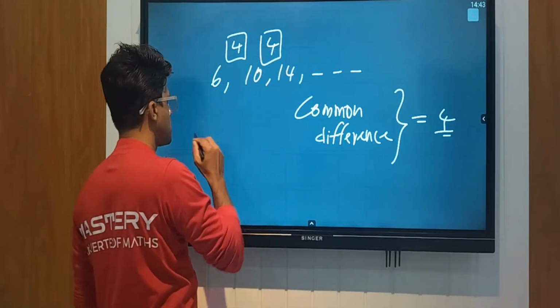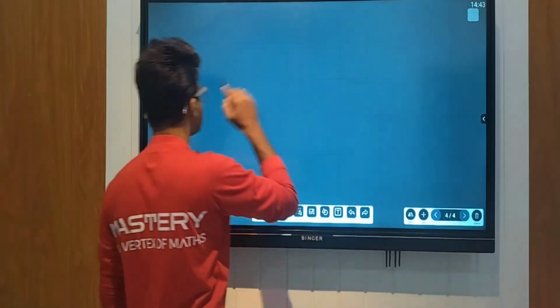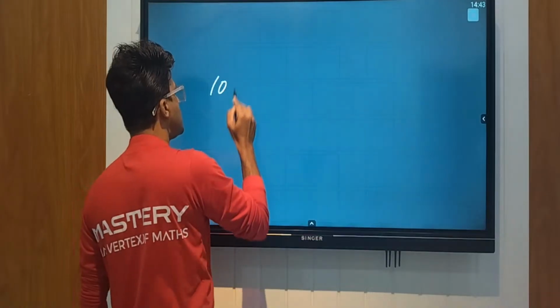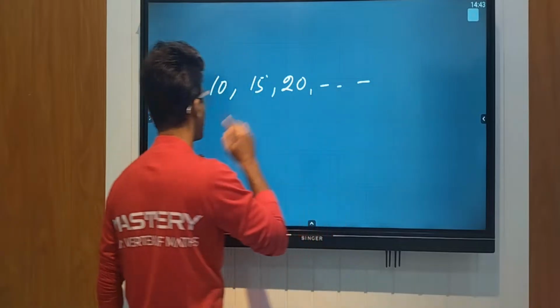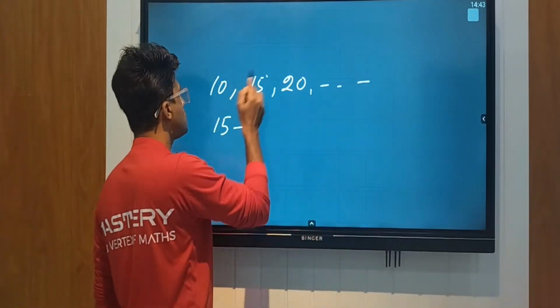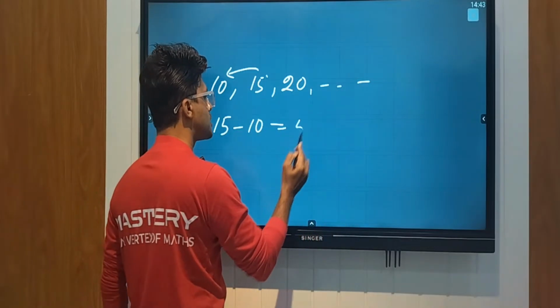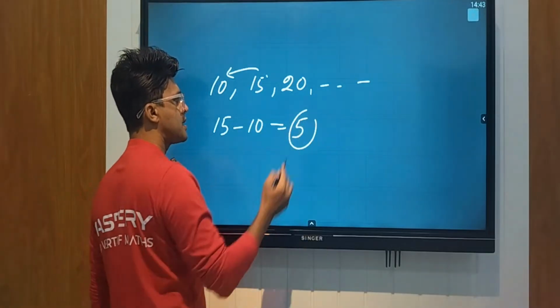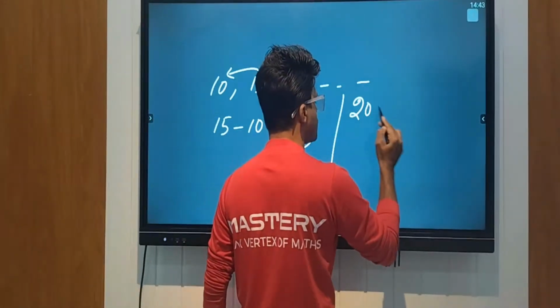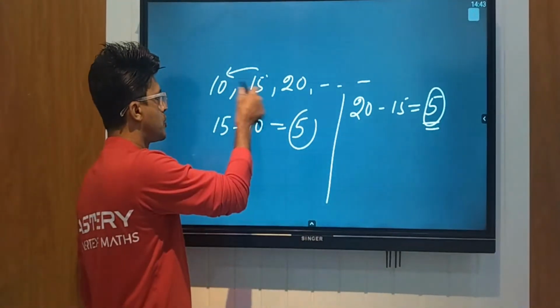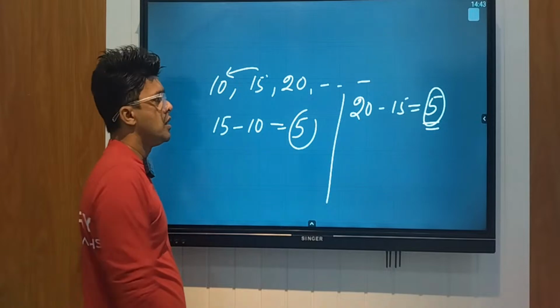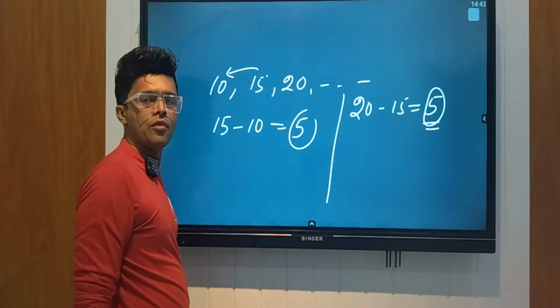Think of this one: 10, 15, 20, and so on. What should be the common difference here? 15 minus 10 is 5. This is the common difference. 20 minus 15 is also 5.